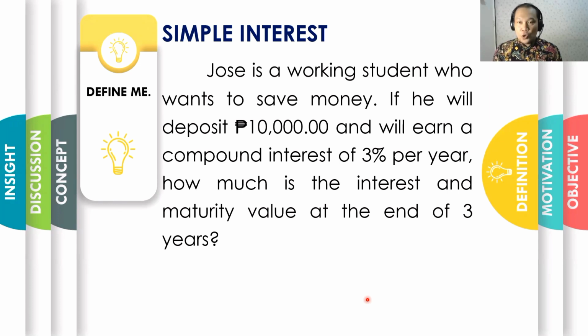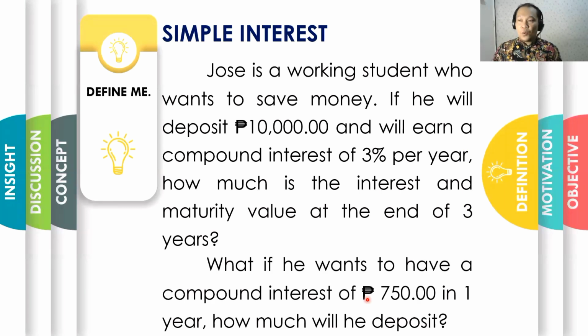I repeat, Jose wants to save money through depositing 10,000 pesos and will earn a compound interest of 3% per year. What he wants to know is the interest earned at the end of 3 years and the maturity value at the end of 3 years.